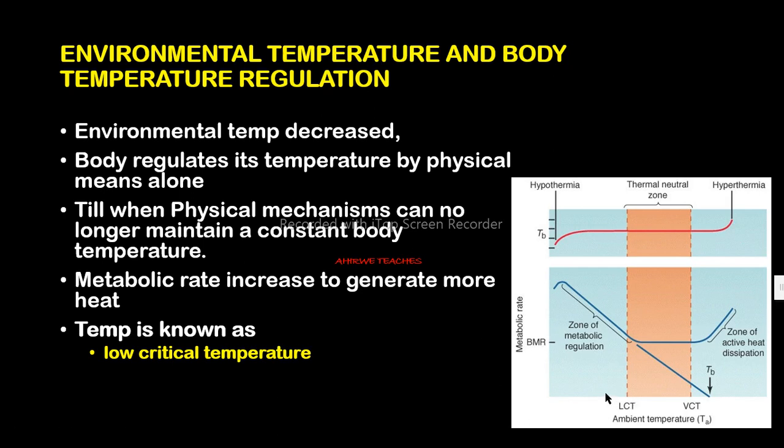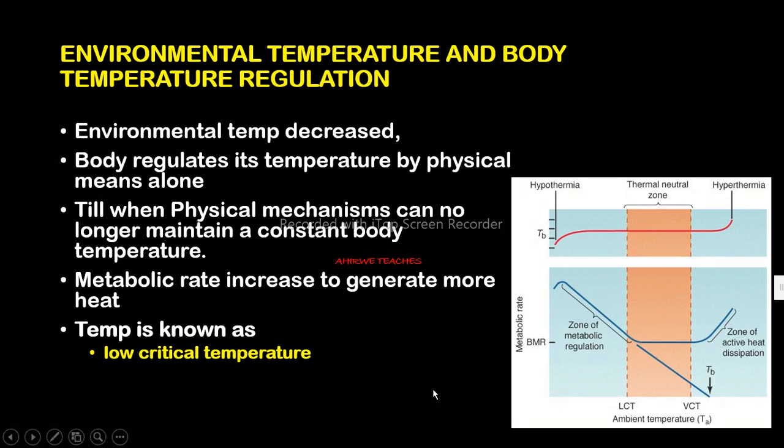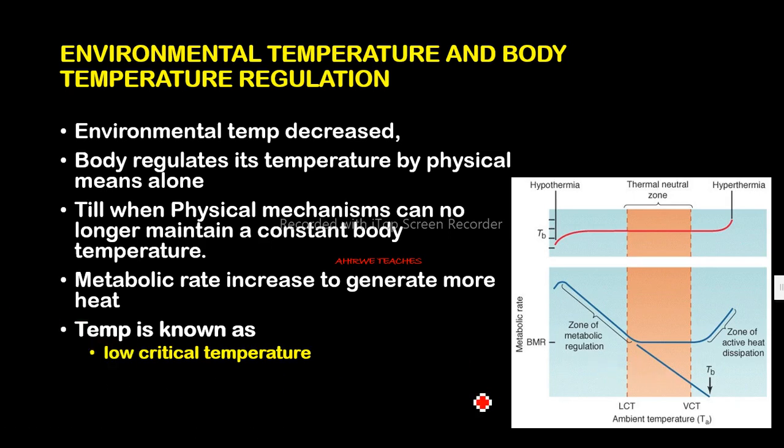Let's have a glimpse at our graph. Now, which color can I use here? I hope red is okay. Now, this zone here, it is the thermoneutral zone. It is the favorable zone.